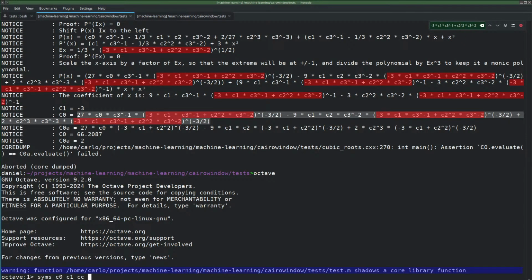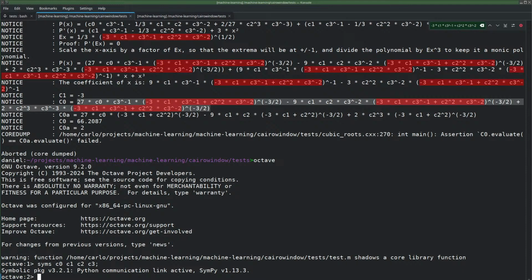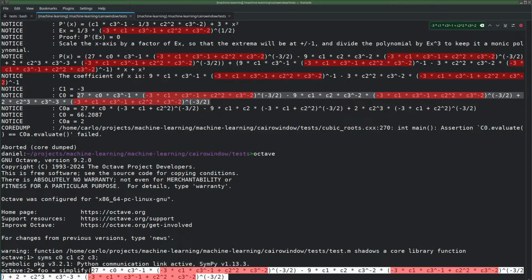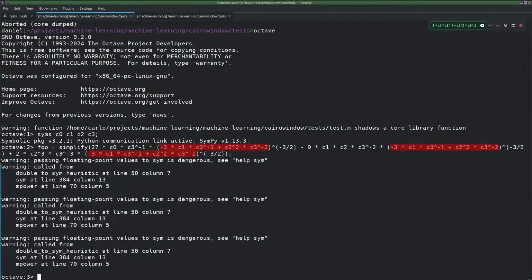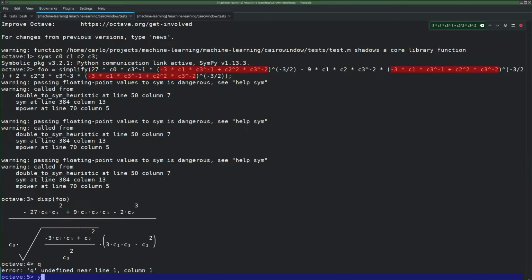C0, C1, C2, C3. Foo is simplify my expression. Display foo. Ah, I remember. Now I remember.